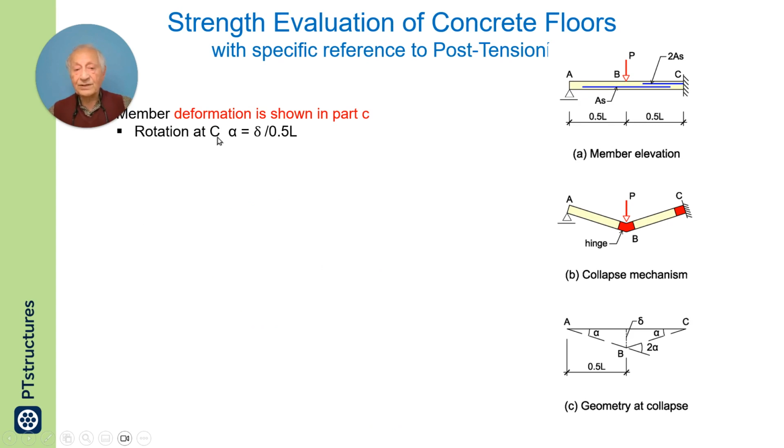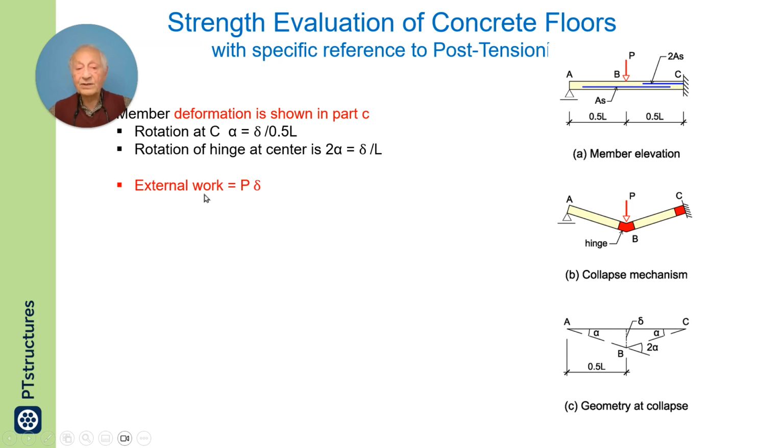Now the rotation at C, the rotation here, is this distance divided by this. Alpha is delta divided by L over 2, that is, 0.5 L. Rotation at this point is 2 alpha. So we have the rotations.